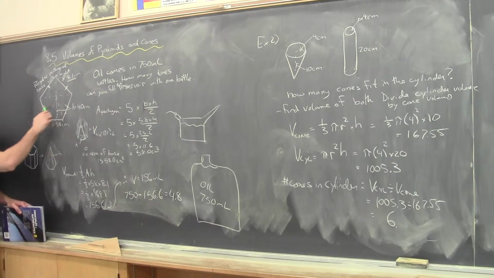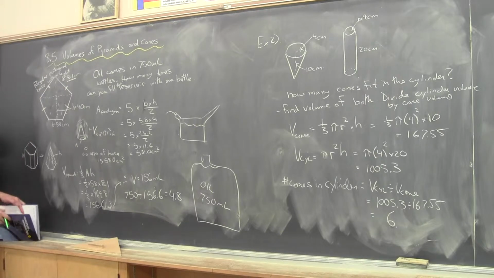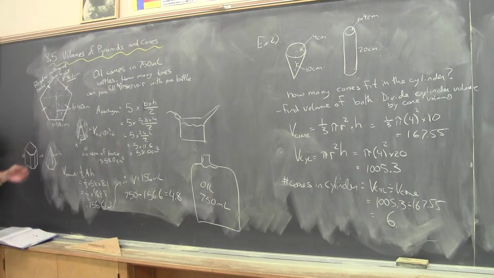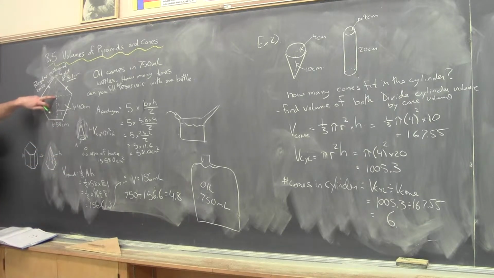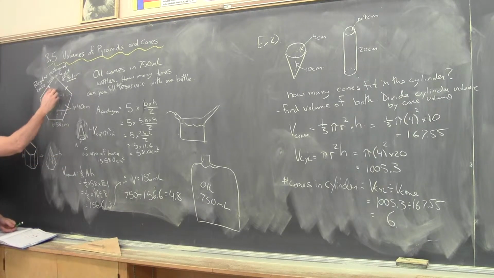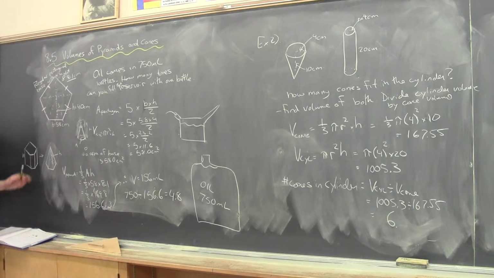So here's my pentagon. What I've done with dashed lines is divide the pentagon into 5 triangles: 1, 2, 3, 4, 5. Because it's a regular pentagon, each of those triangles has the same base length. Moving to the very center of the pentagon, all of these lengths are the same, so all 5 triangles have the same area.